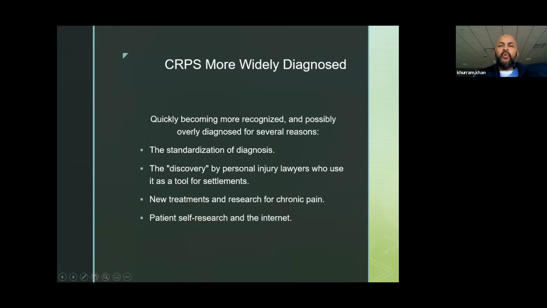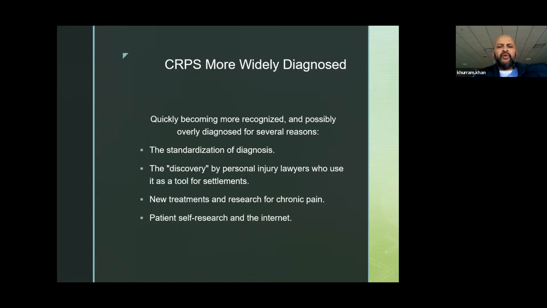Now it is more widely diagnosed because, as we will see shortly, there is a diagnostic criteria from the International Association for the Study of Pain, which is used very stringently. So now it is being diagnosed much more.